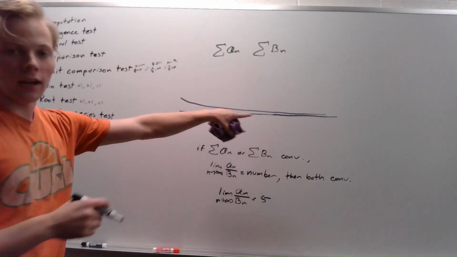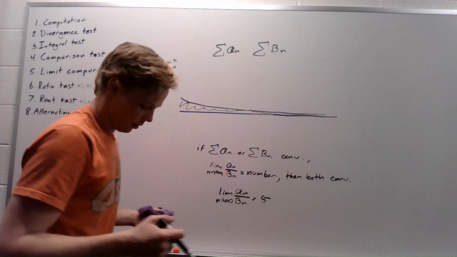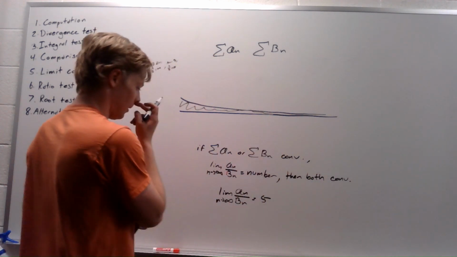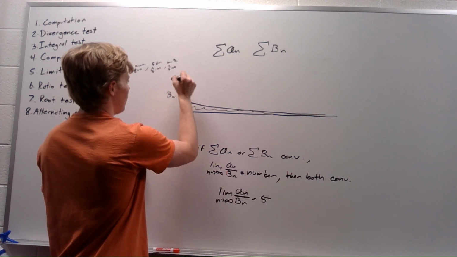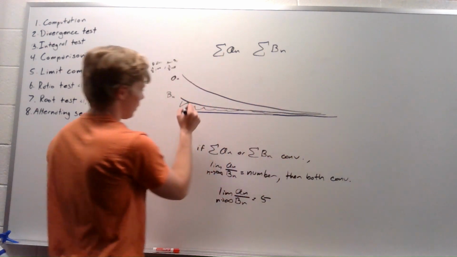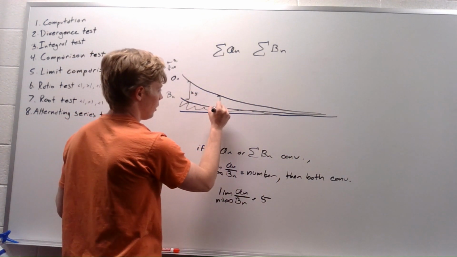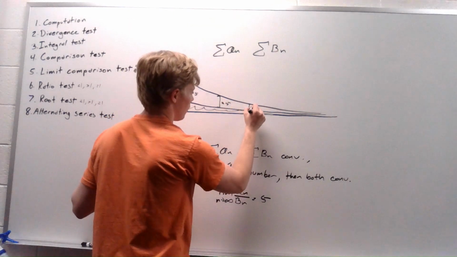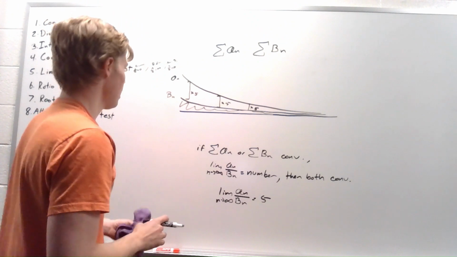And all the area under it adds up to a number. It converges to a certain number. So this is B sub n. And if you have A sub n up here, which is always 5 times bigger, like here, it's times 5. Here, times 5. Here, times 5. It's always 5 times bigger, which is what the limit's telling you.